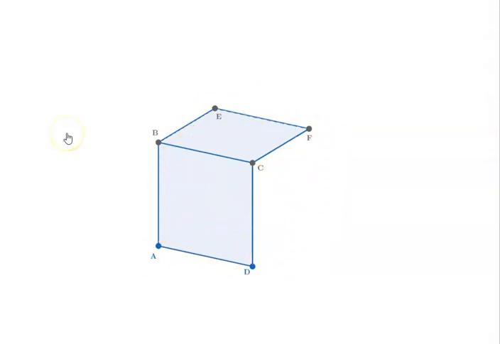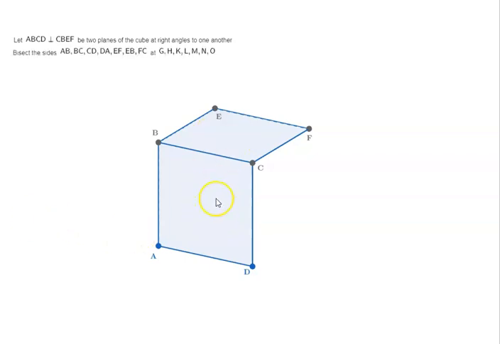So let's start. Let ABCD and CBEF be two planes of the cube at right angles to one another. Now, how to construct a cube inside a sphere we have already seen in one of our previous propositions. So basically we are taking two planes of that cube.